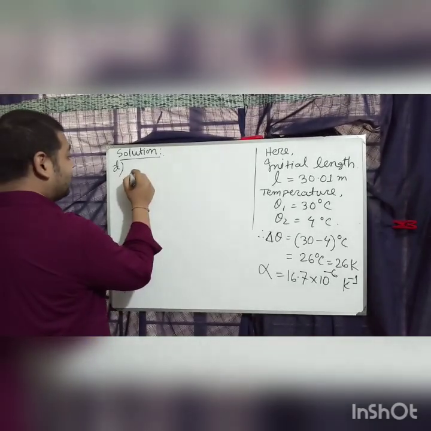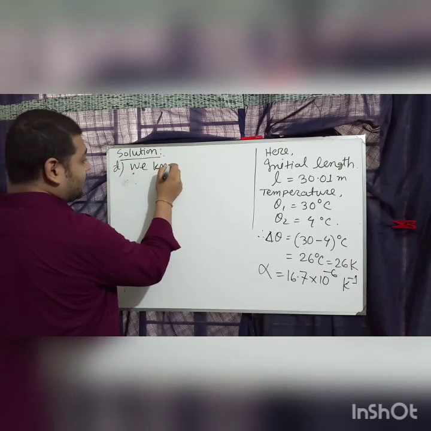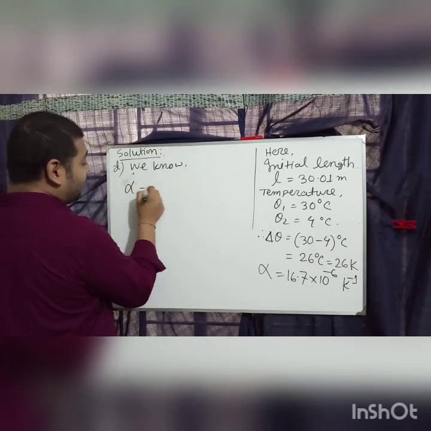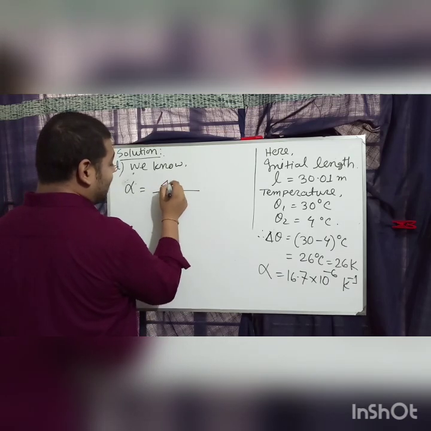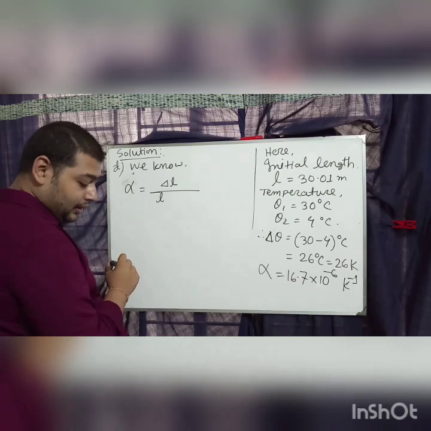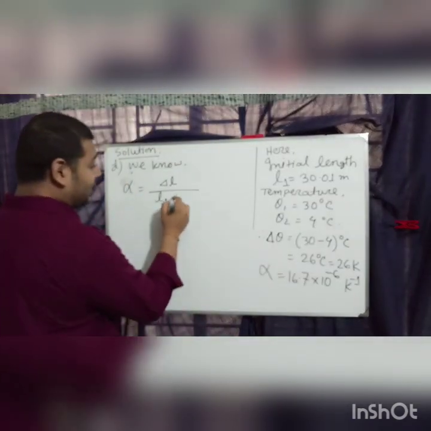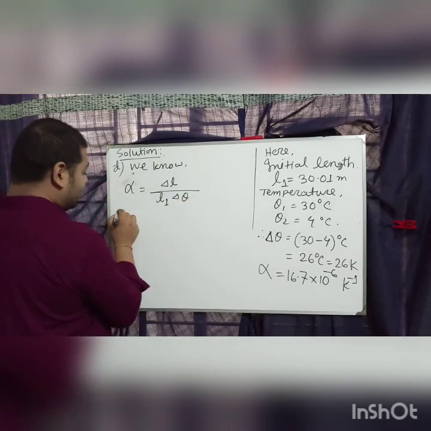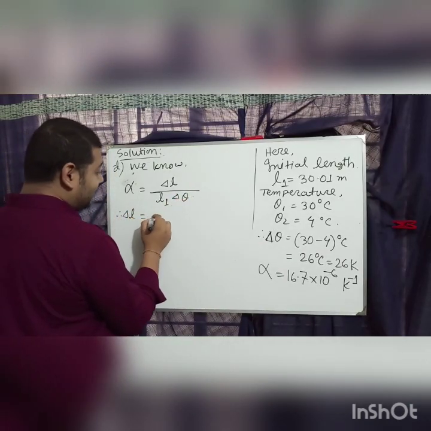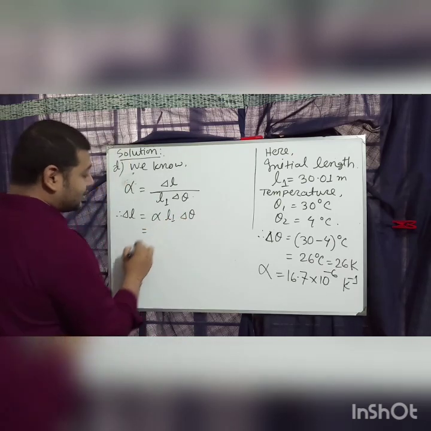We know that alpha equals del L divided by L1, where L1 is the initial length, into del theta. So del L equals alpha L1 del theta.